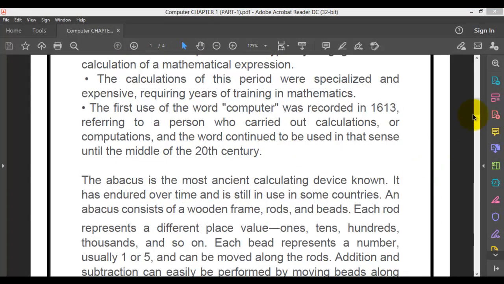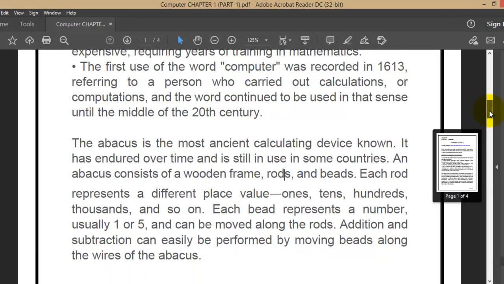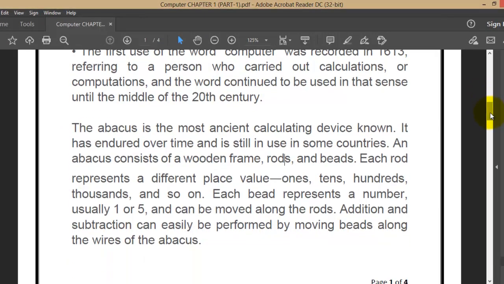With the help of this abacus, in ancient days men used to calculate mathematical problems and day-to-day life calculations. Nowadays it is still used in some countries like China and India. You can find abacus there.